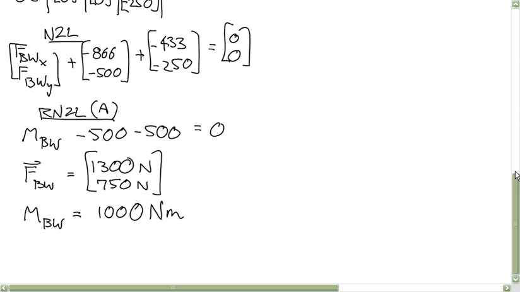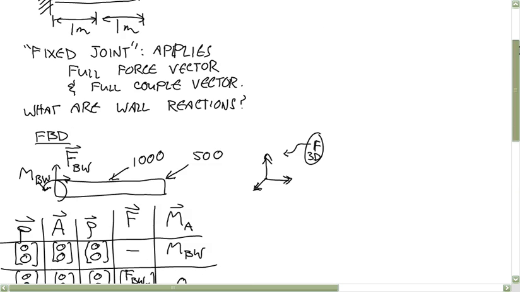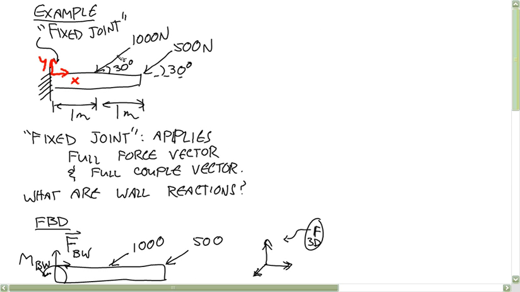Okay, so let's interpret this. This force on the body by the wall is mostly to the right. I'm still working on right and left. And also somewhat up, right? So let's look at the picture and make sure that makes sense. These forces are pushing down and to the left.